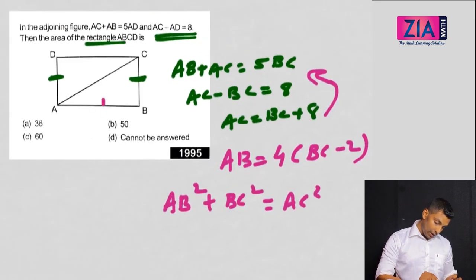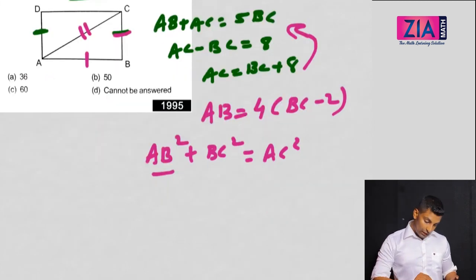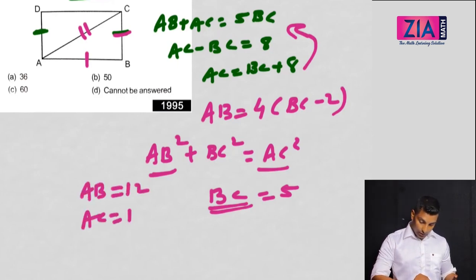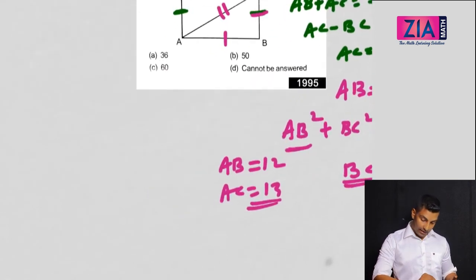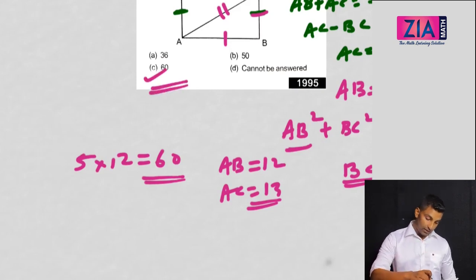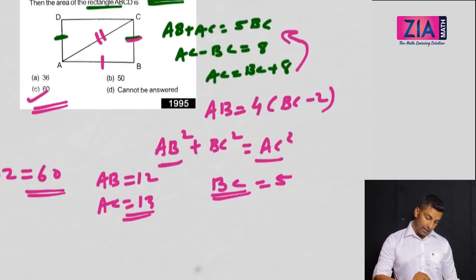If you express AB and AC in the form of BC, we can get BC is equal to 5. Now when you get BC equal to 5, you get AB is equal to 12 and AC equal to 13. Then the area of the rectangle is 5 into 12, which is equal to 60. So you can mark C as your answer. I hope this is clear. Here we are expressing AB and AC in terms of BC.